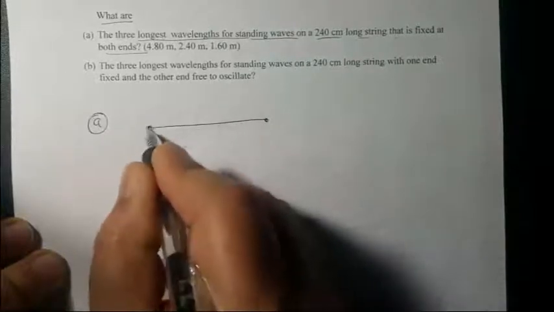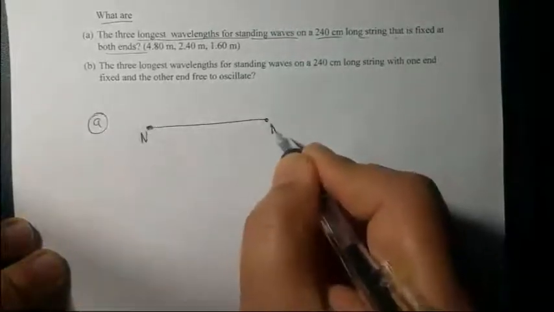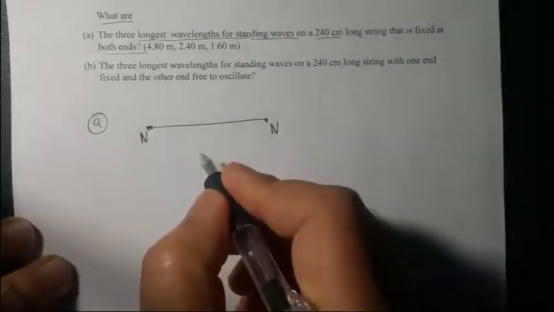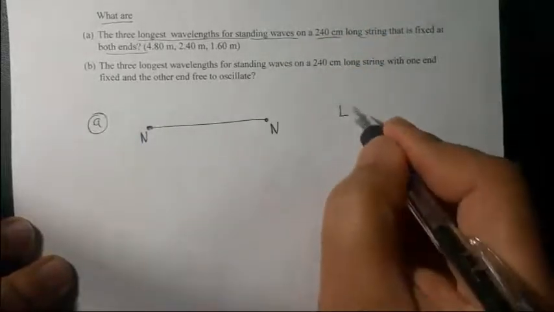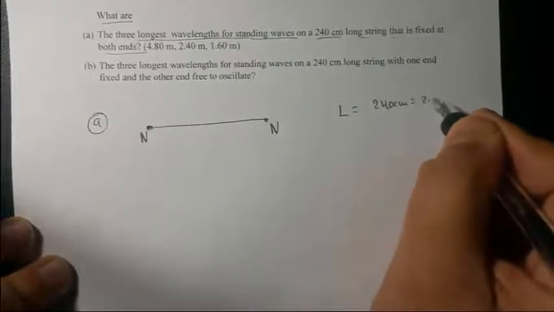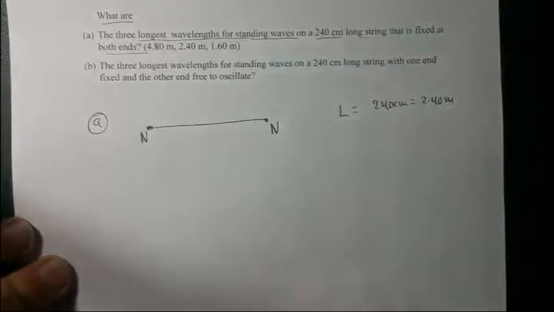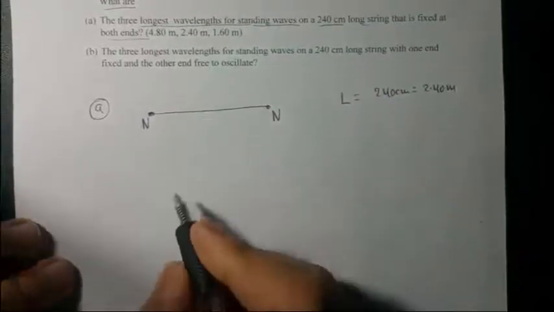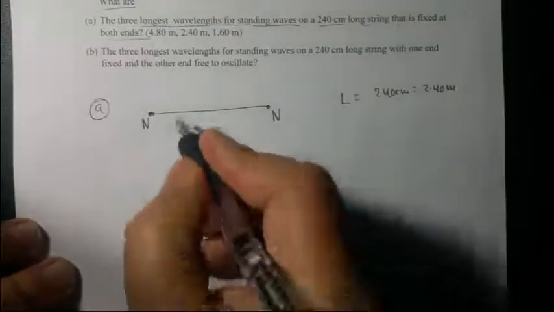The first question is fixed at both ends, like this, and you have two nodes. And so we're finding lambda 1, lambda 2, lambda 3, right? The length of the string is 240 centimeters. It says 2.4 meters, right? That's given. And now this is easy, right?